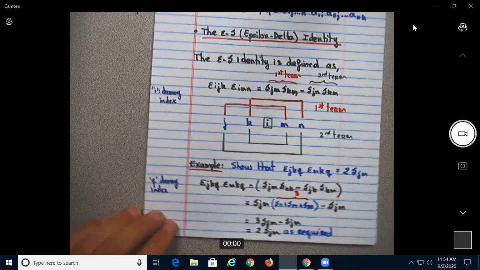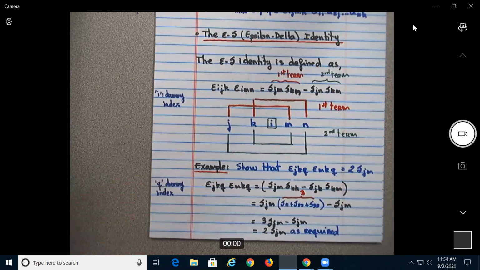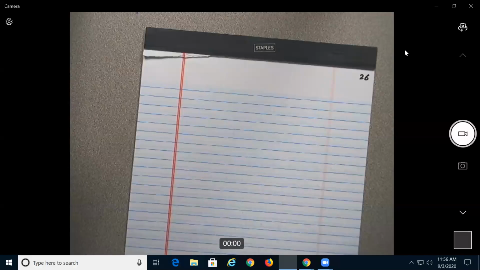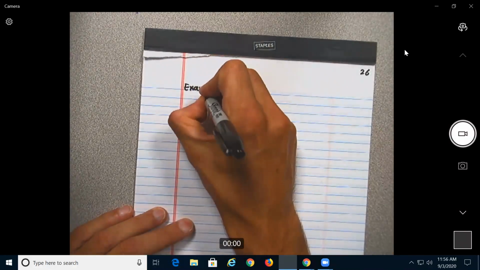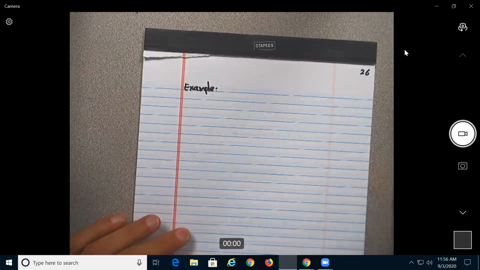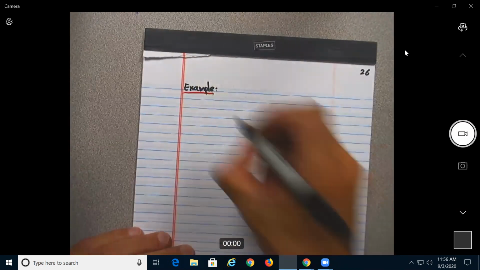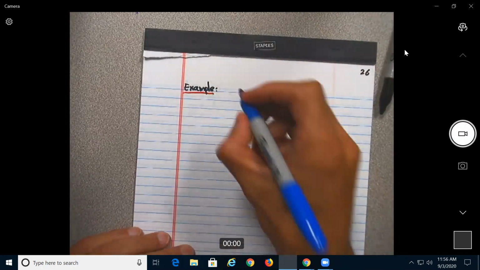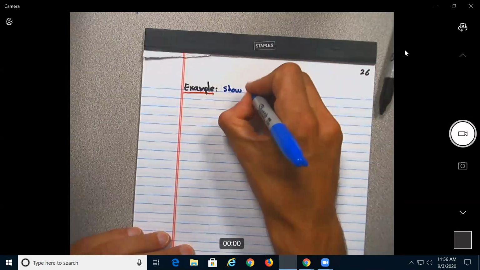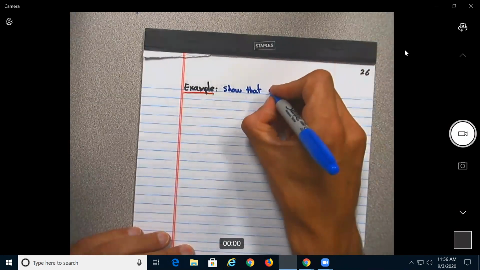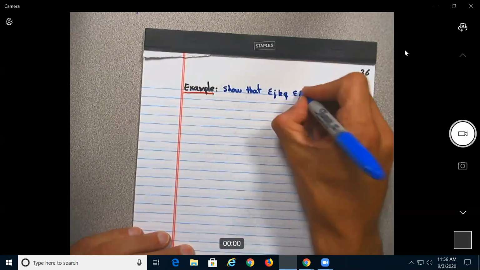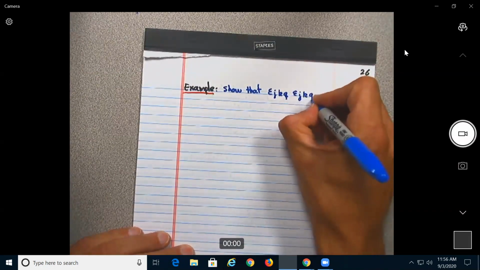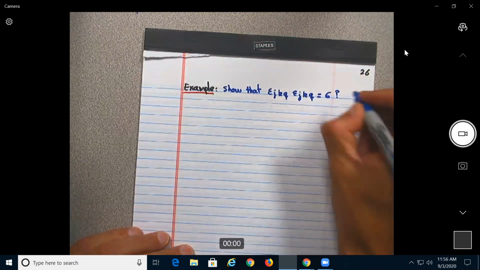All right, so let's do another example. Okay, so the other example is to show that epsilon j k q epsilon j k q is equal to 6.